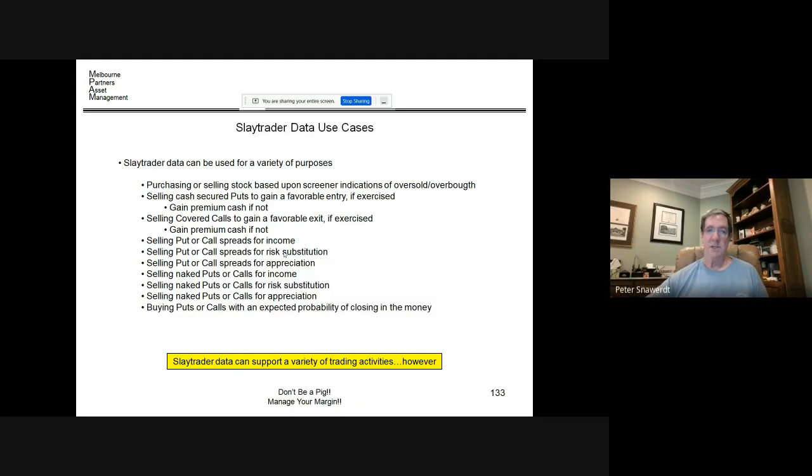So from a risk point of view, if you're trading options, as long as you're not a pig, on the call side, it's really hard to truly lose if you're being reasonable with the amount of risk you're taking in the initial position, and you're not being a pig in terms of the number, because you can use risk substitution to eventually get your money.